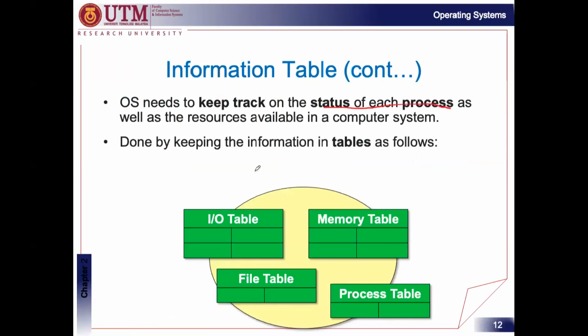Try to imagine that, logically the information is kept in a table, like the tables we normally use in Excel. Examples are IO table, file table, memory table, process table, and many more.